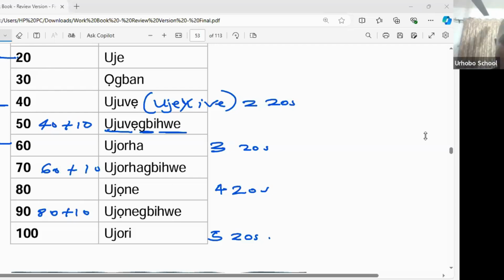Ujora. Don't be tired, okay? Because the more you say them, the better for you. Better for you to remember them and know how to say them.